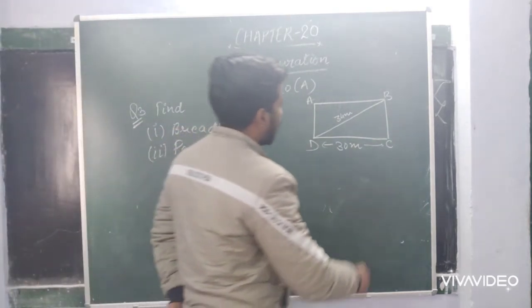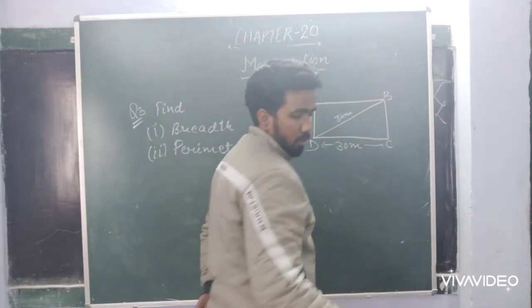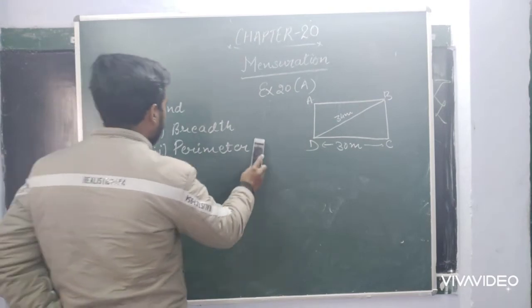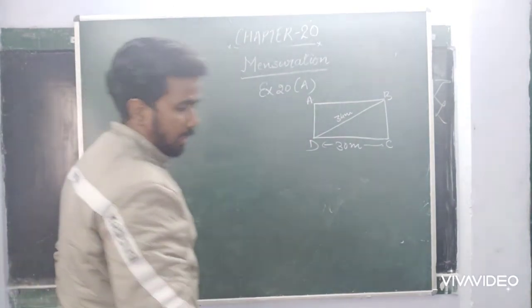Now here you can see that a right angle triangle is forming. So with the help of this we can easily find it out.